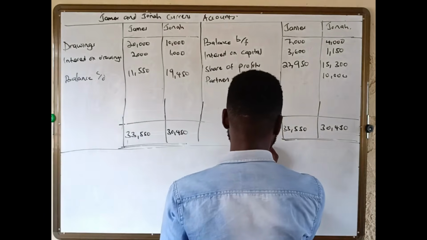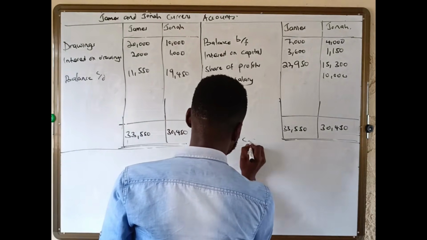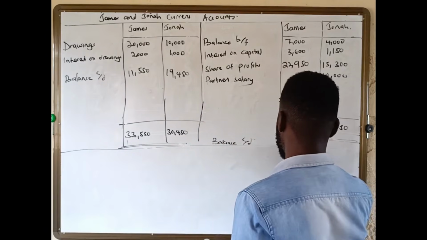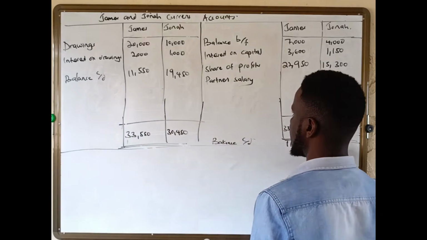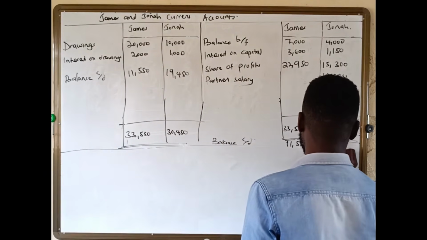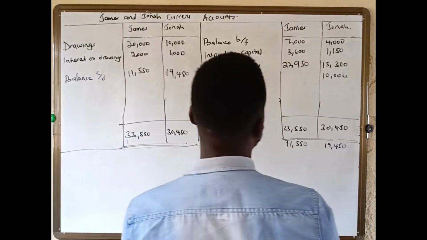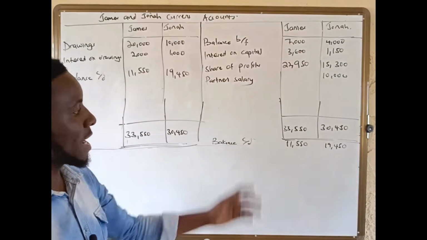And the same will apply this side as our balance carried down, and we shall have 11,550, and then we shall have 19,450. So this is what we have, and ladies and gentlemen, this is how our current accounts are done.